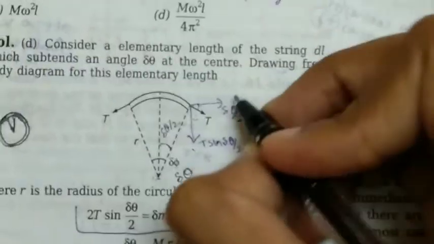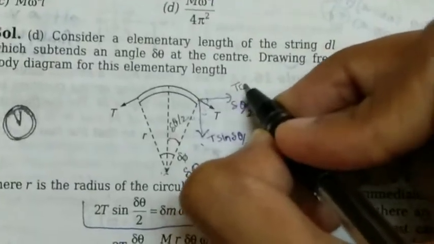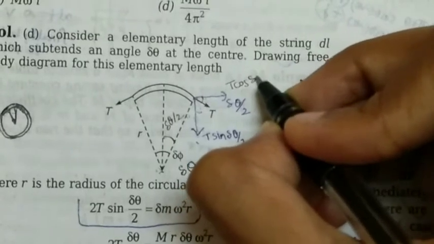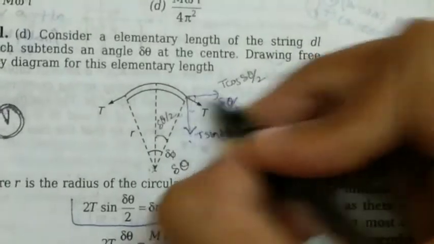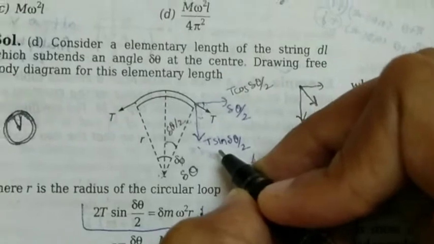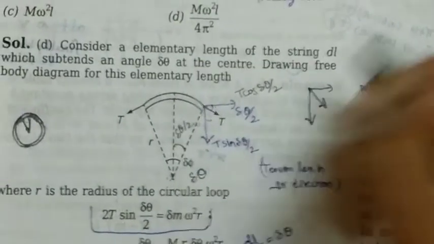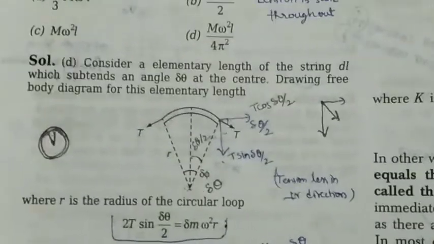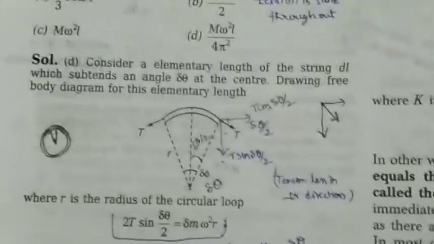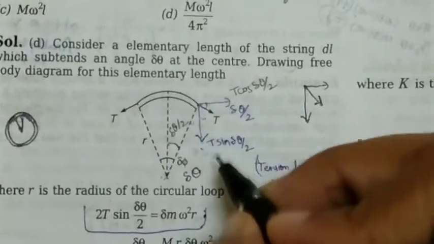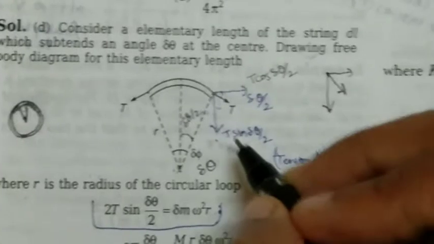Now this component is nothing but T cos delta theta by 2, and this component is nothing but T sin delta theta by 2. So two perpendicular components: T cos delta theta by 2 and T sin delta theta by 2.